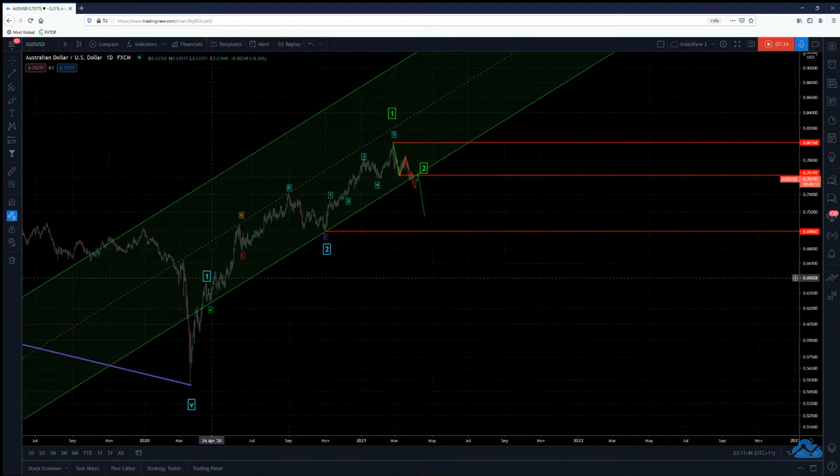We had a 1A, B, C, D, E, and then we had wave 2. So that's 1, 2, and then we have 1, 2, 1, 2 coming. So can wave 2 correct that far? Sure, as long as it doesn't go below the start of wave 1, yeah, it can do that.